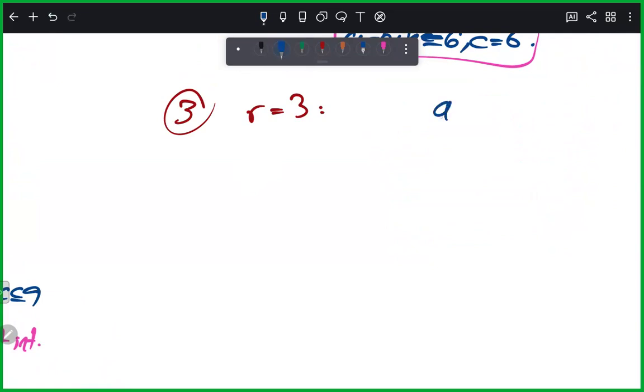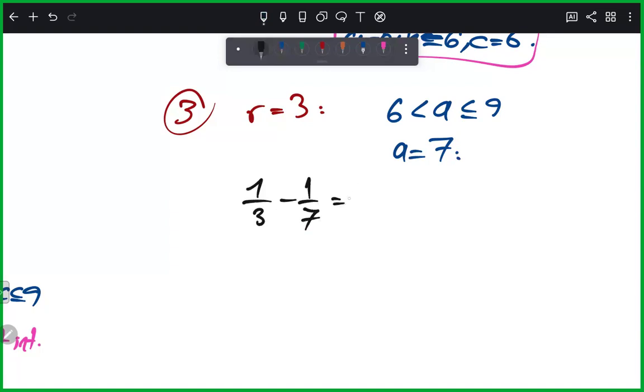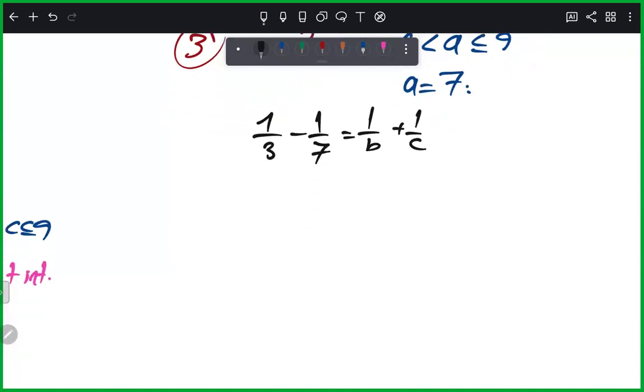So a is greater than 2, 6 is less than or equal to 3a, which is less than or equal to 9. Okay, so this is important. So let's start with a equals 7. In that case, the main equation is 1/3 minus 1 over 7 equals 1 over b plus 1 over c, and this is 4 over 21.